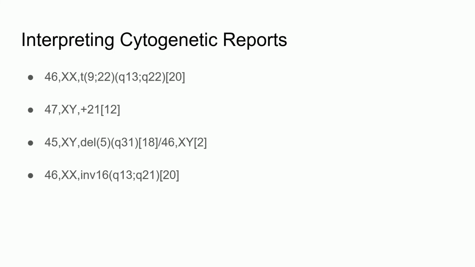The third example describes 18 cells showing a loss of the long arm of chromosome 5 at region 3, band 1, and 2 cells showing a normal male karyotype. This abnormality is seen in myelodysplastic syndrome. And finally, in the last example, there is an inversion in chromosome 16 in this female patient, an abnormality seen in cases of acute myeloid leukemia.